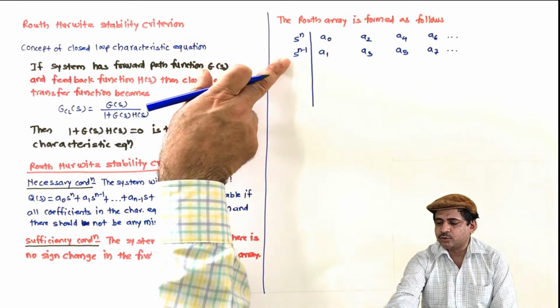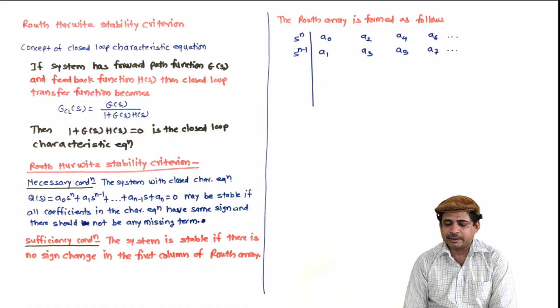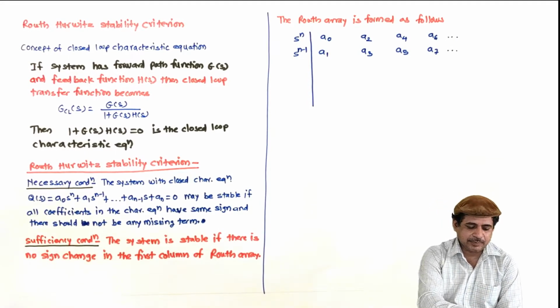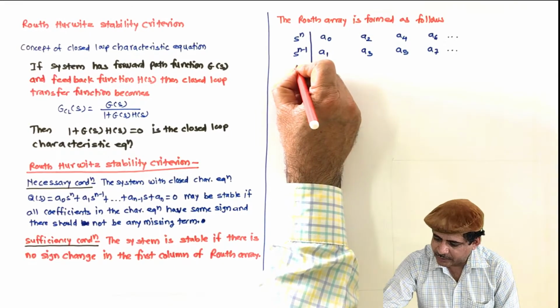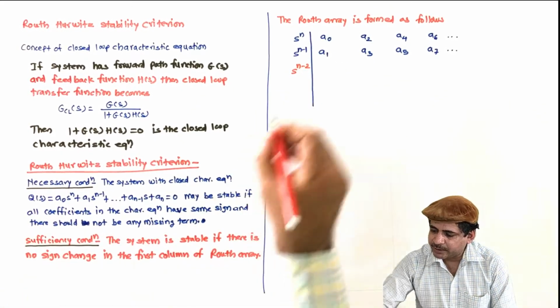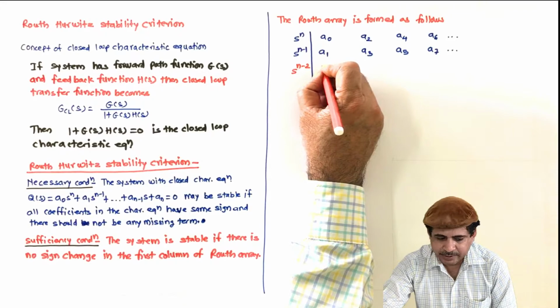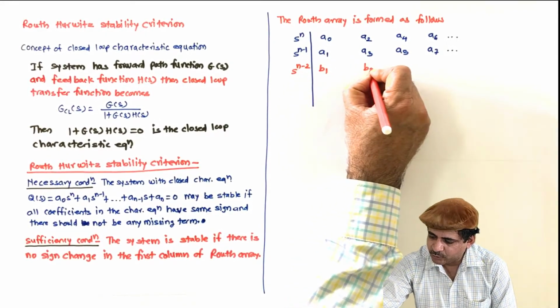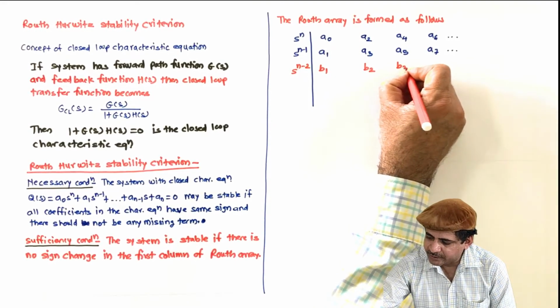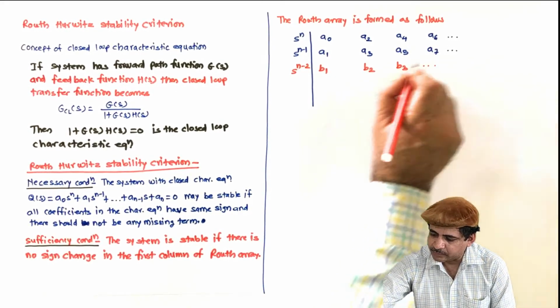So these first two rows of the Routh array are taken from the coefficients of the characteristic equation, and thereafter the remaining are calculated. How they are calculated, that we will see, but this will be, say, B1, B2, B3 and so on.